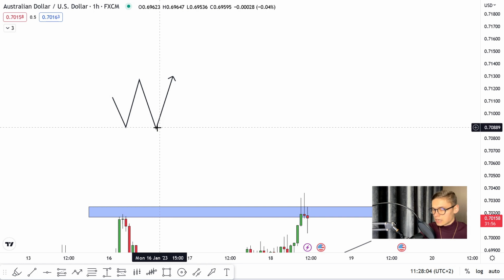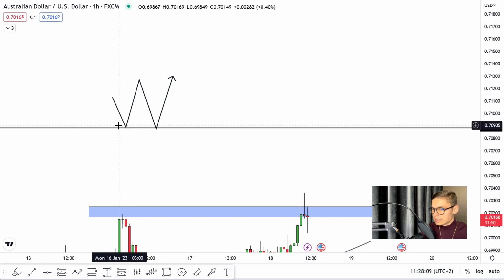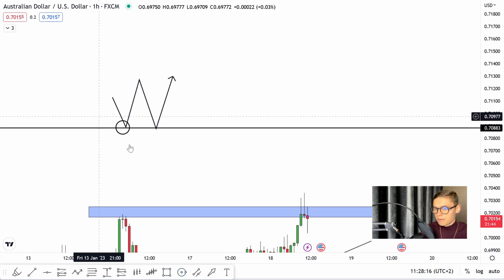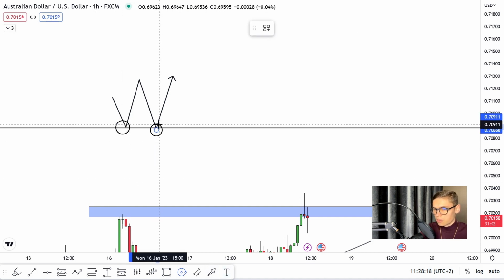And then here we have two bottoms at exactly the same level, or at least approximately the same level, and here is what we would consider a double bottom pattern.